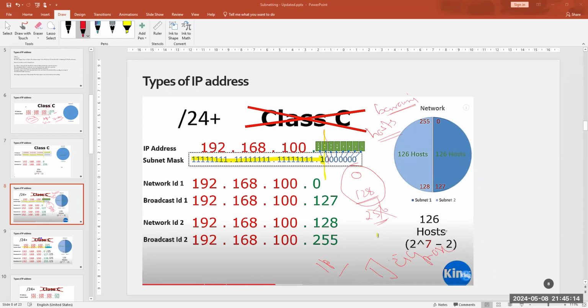So then I will go with subnetting, and within the subnetting, I can assign more and more. This way, I am able to segregate the whole network properly from one end to another end. Is this clear?